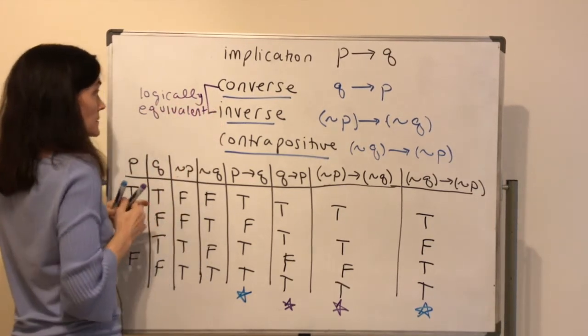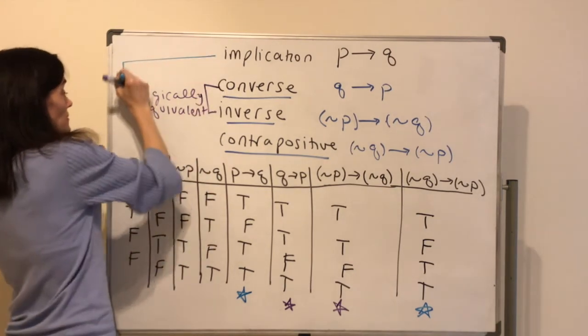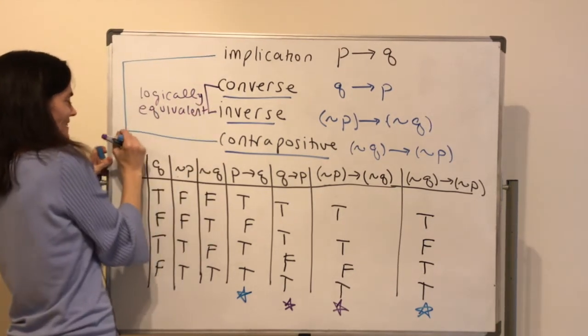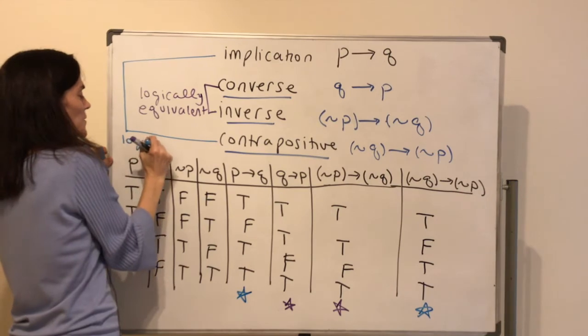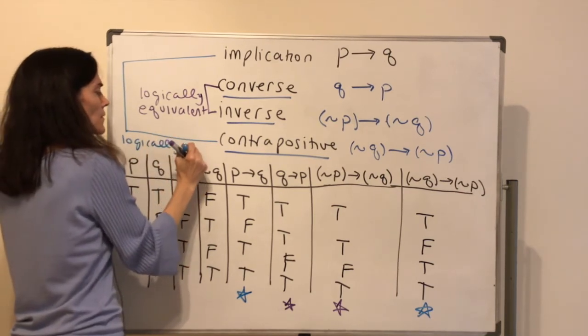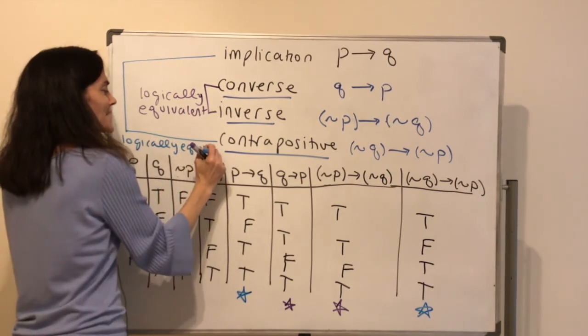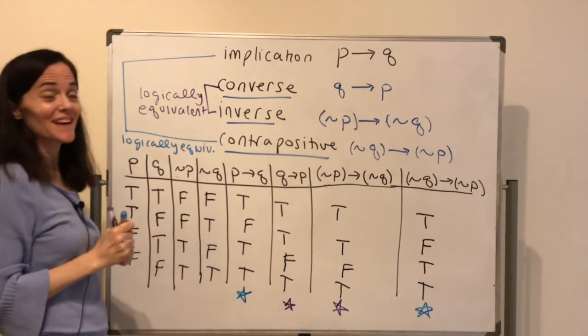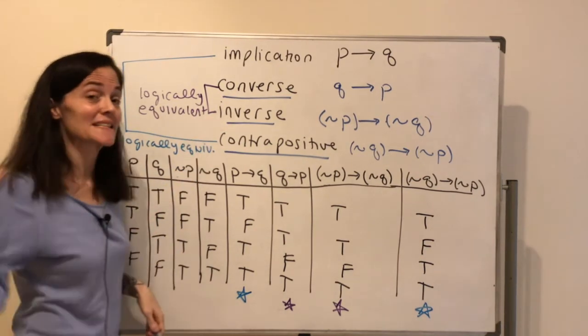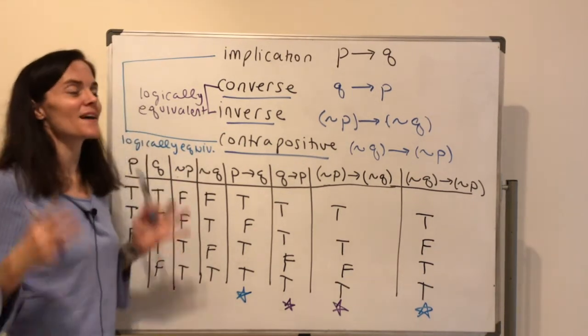And these 2 are logically equivalent. But also, I would just abbreviate here, logically equivalent. I could have just written also an equal sign because that's what equals means when we were talking about statements.